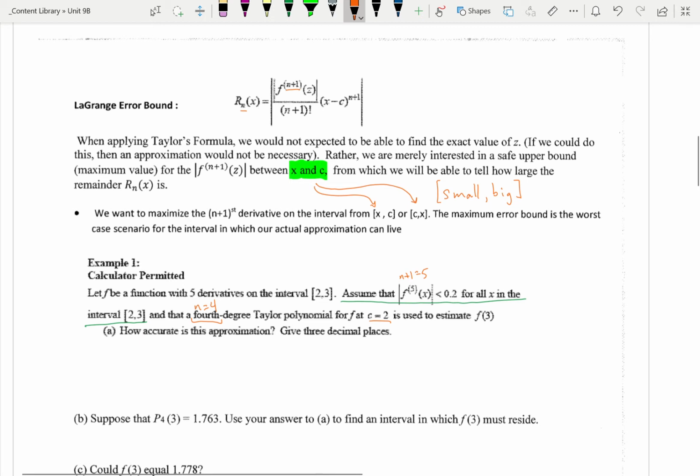All right? So let's see. How accurate is it? Well, it's as accurate as the worst case scenario of our error.